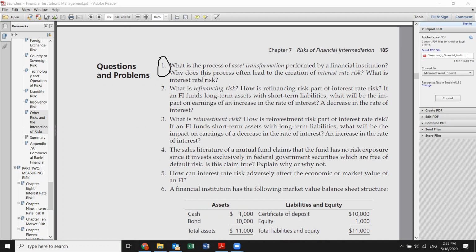Basically, asset transformation by a financial institution involves purchasing primary assets, and once it has purchased the primary assets, it issues secondary assets as a source of funds. The primary securities purchased by the financial institution often have maturity and liquidity characteristics that are different from the secondary securities issued by the same financial institution.